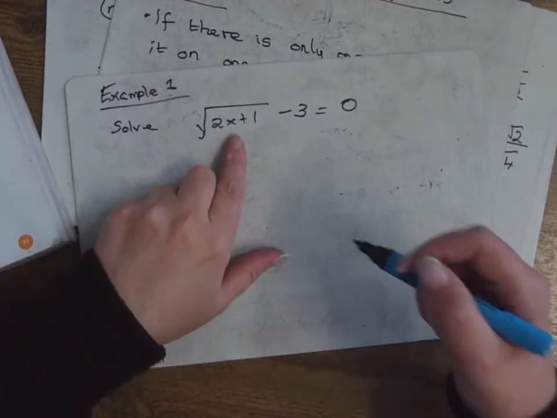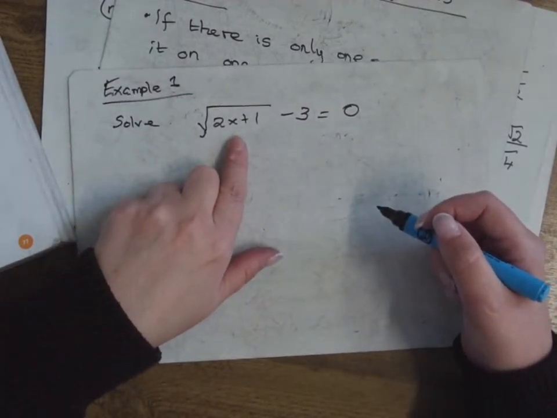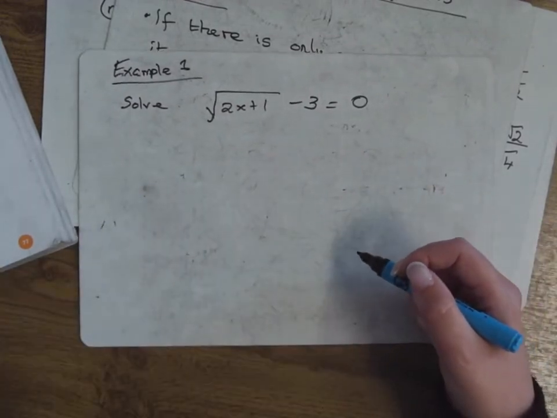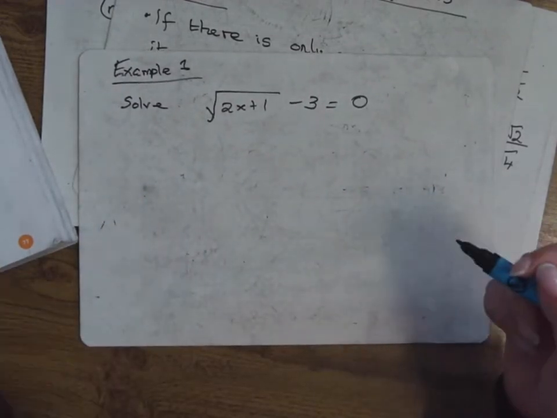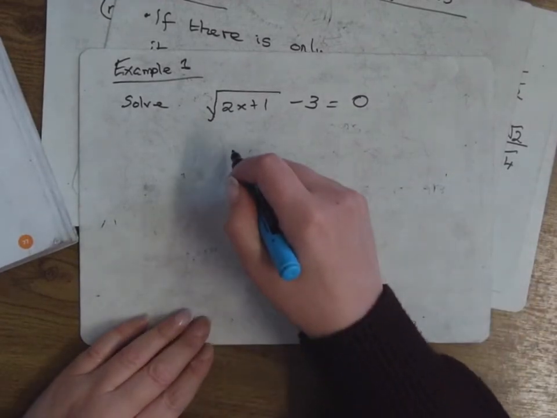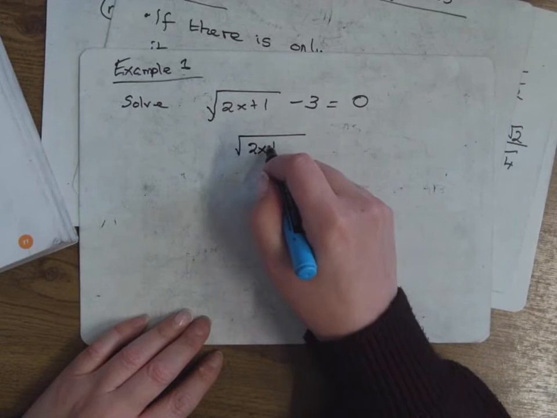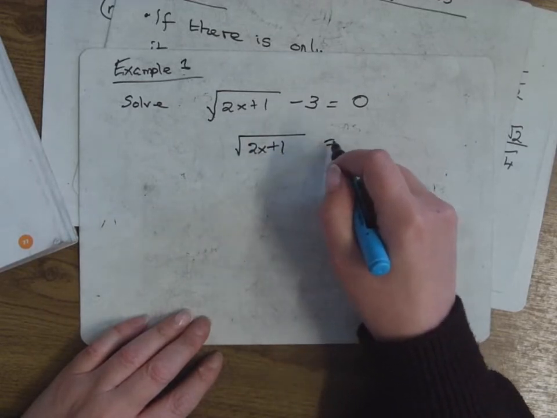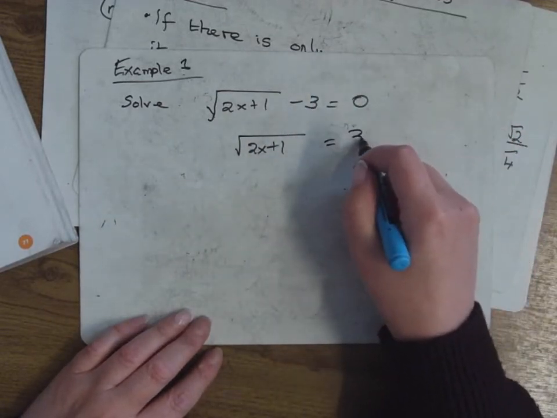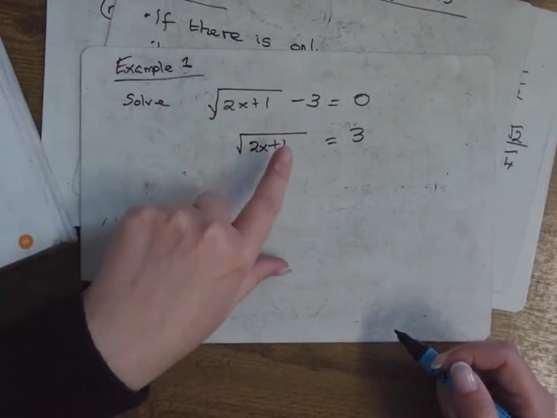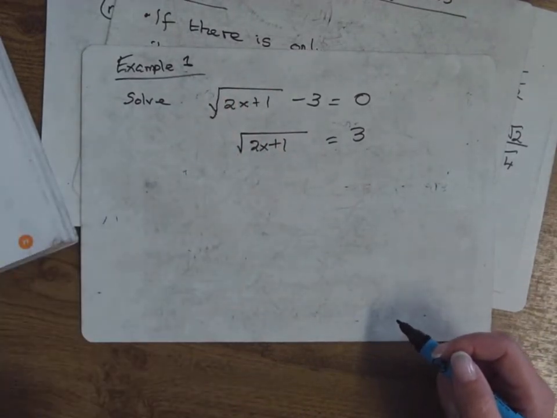So there's a surd here, just one surd. So when there's just one surd, you put it on its own at one side and put everything else over the other side. So I'm going to leave this square root of 2x plus 1 on its own on the left. I'm going to move the minus 3 over, it becomes plus 3. So I've isolated the surd on its own on the left hand side.